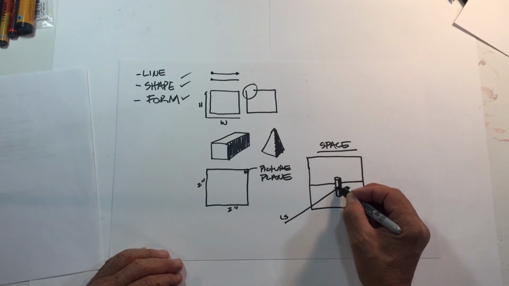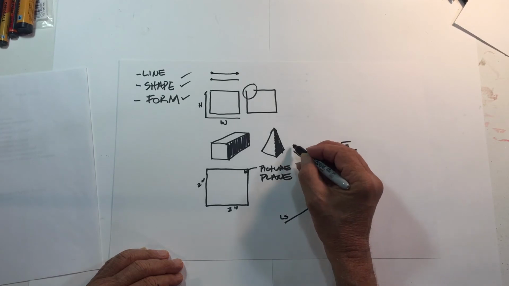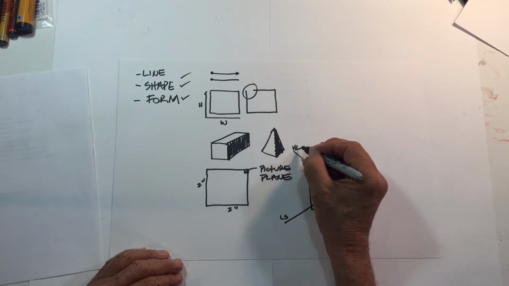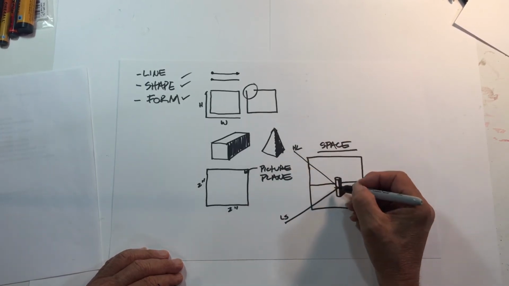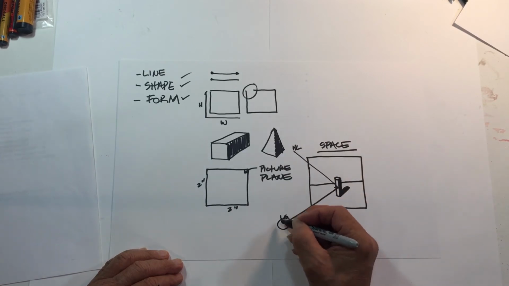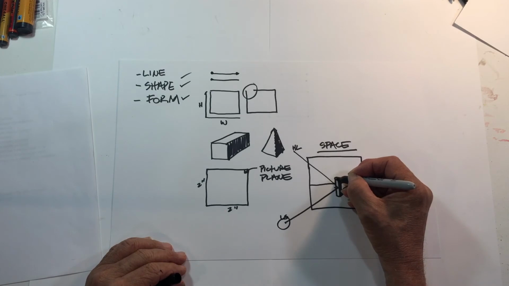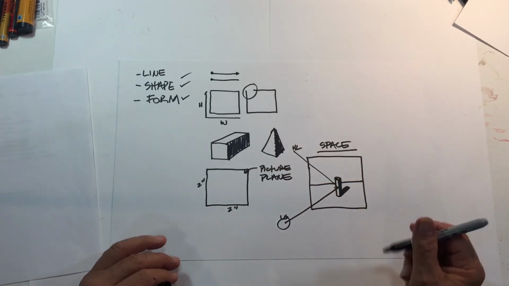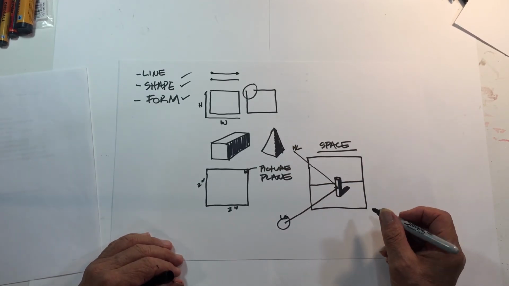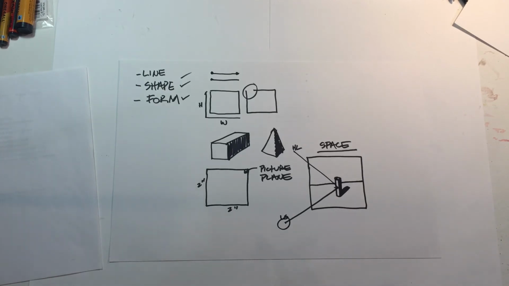And then where is it hitting is your highlight. So where your light hits is a highlight, where it's coming from is the light source, and it all affects what you're dealing with here on your form to create a sense of illusion in space. So these are some pretty important concepts right here.